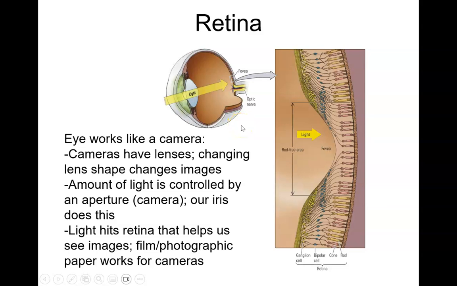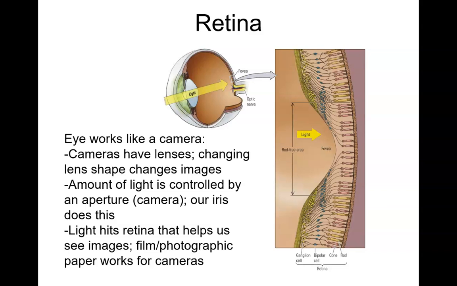But getting back to this metaphor of the eye functioning as a camera. Cameras have lenses, and we can change the quality of a photograph by changing the nature of the lens. Now, in our eye, our lens can actually change its shape to focus on objects that are far away or close up.